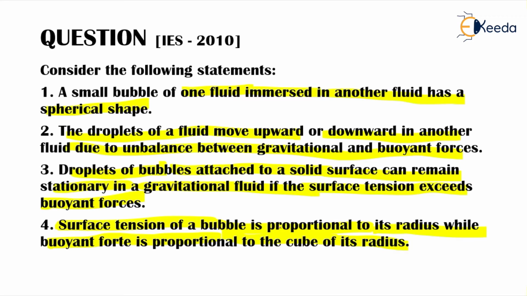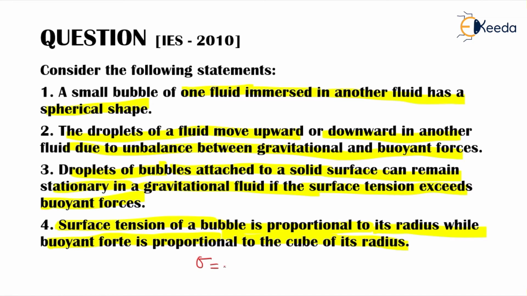Surface tension of a bubble is proportional to its radius, while buoyant force is proportional to the cube of its radius. So we will start with the surface tension of a bubble. Sigma value we have calculated.